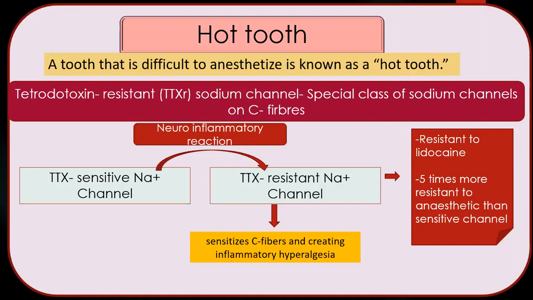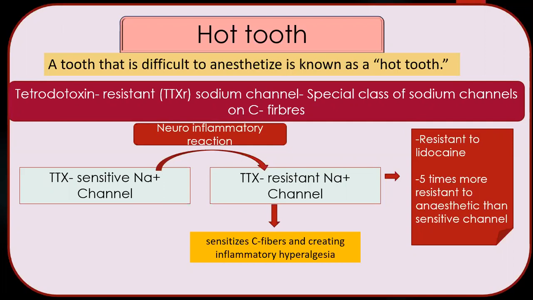Whenever we give anesthesia, these channels become sensitive to the local anesthesia and have the anesthetic effect. However, when there is increased peripheral and central sensitization and hyperalgesia, the primary and secondary hyperalgesia known in peripheral sensitization, the threshold is very low.